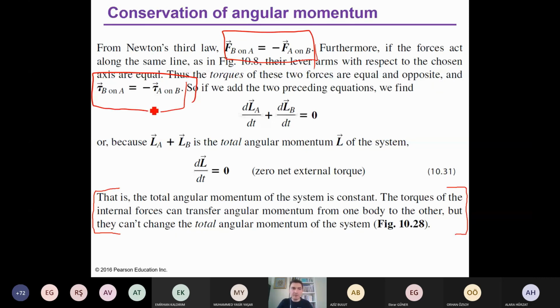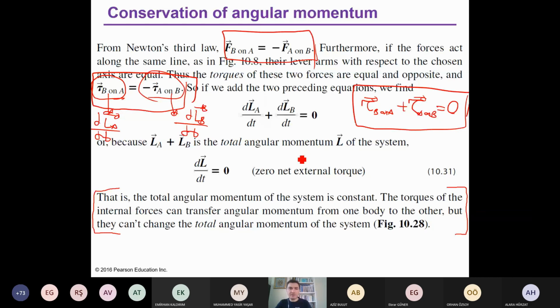Then what about this one? This is dLA over dt. This is dLB over dt, the change in the angular momentum of B. This is the change in the angular momentum of A. So since they have opposite signs, if you take them like this, torque B on A plus torque A on B equals 0.